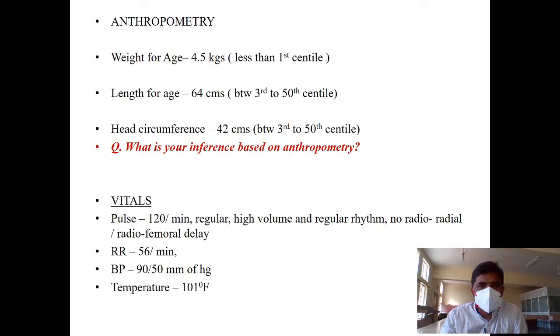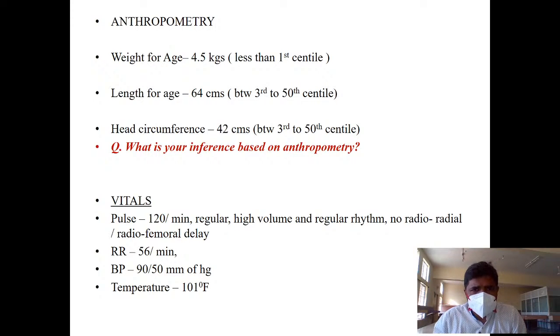Then comes anthropometry, weight for age. A 6 months child weighing 4.5 kg is way too low. Usually a well-fed child with a normal birth weight of 2.5 kg tends to weigh at least 6, 7 or 8 kg.